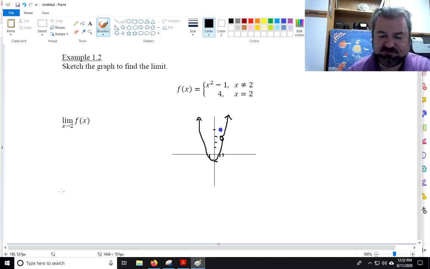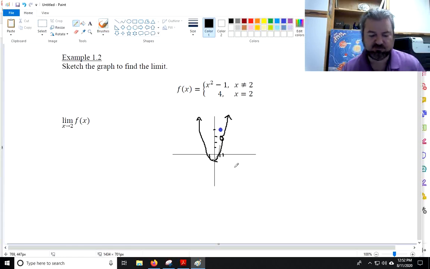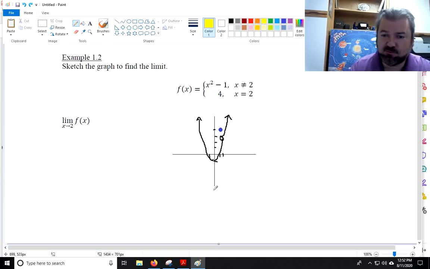So let's evaluate the limit. As x approaches 2 from the left, I'm coming right here, and I'm getting closer and closer to what looks like 3. So we're definitely approaching 3 as I come from the left.